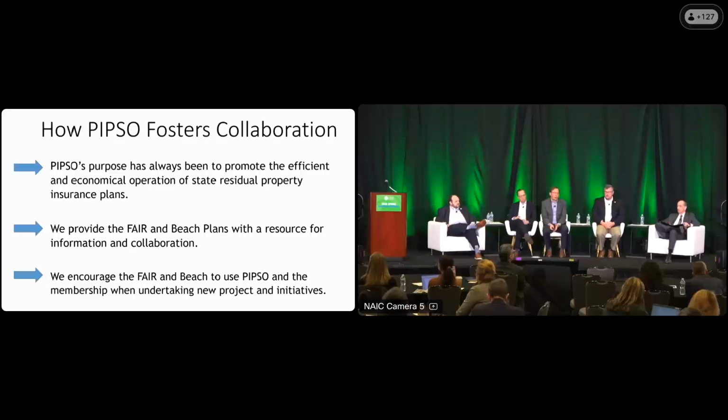So PIPSO came about shortly after the advent of the plans. In 1970, PIPSO was part of the National Committee on Property Insurance. And we were part of that along with another organization called IPLR, the Insurance Institute for Property Loss Reduction.